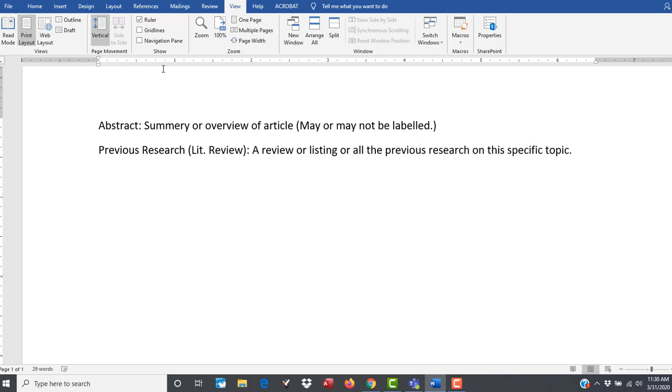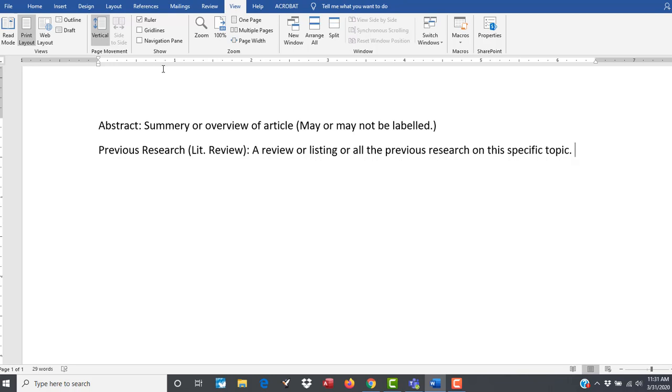We can identify the literature review because it's going to be citations. They may or may not be in APA format. They may be in MLA. They may be in ASA. They may be in Chicago. They may be in who knows what format. But we're going to be looking for lots and lots of citations.